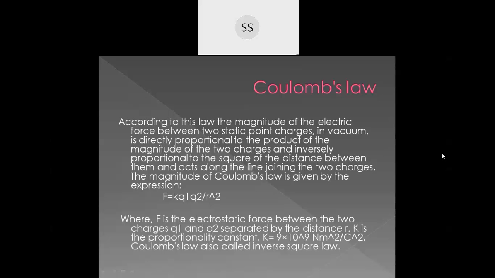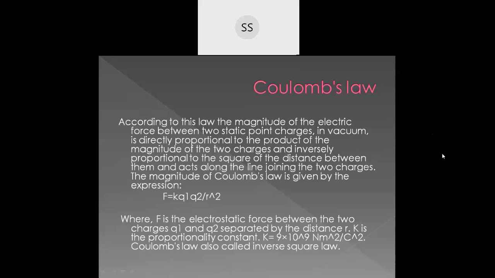So we know that F is proportional to Q1 Q2 and F is proportional to 1 divided by R square. Inversely proportional, that's why 1 divided by R square. Combining these two, F is proportional to Q1 Q2 divided by R square. To remove the proportionality sign, we use a constant.